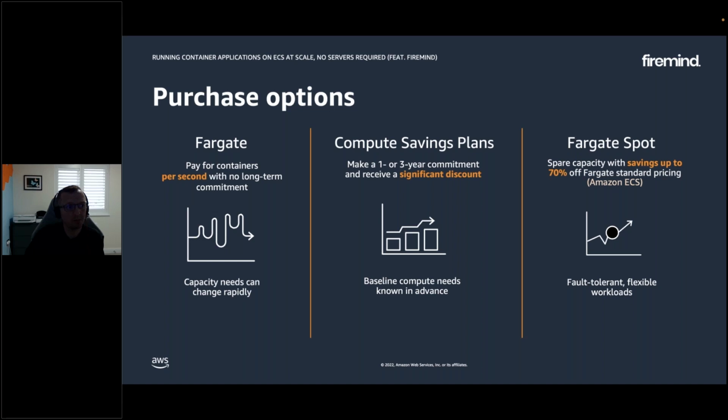We also have Compute Savings Plans where you could make a 1 or 3 year commitment and receive a significant discount. Or you can opt for Spot pricing to run your containers, with a caveat that containers might be stopped with 2 minutes notice. Usually containers are able to handle such disruption, but we need to make sure that the application is also able to handle the disruption and continue with the usual processing.